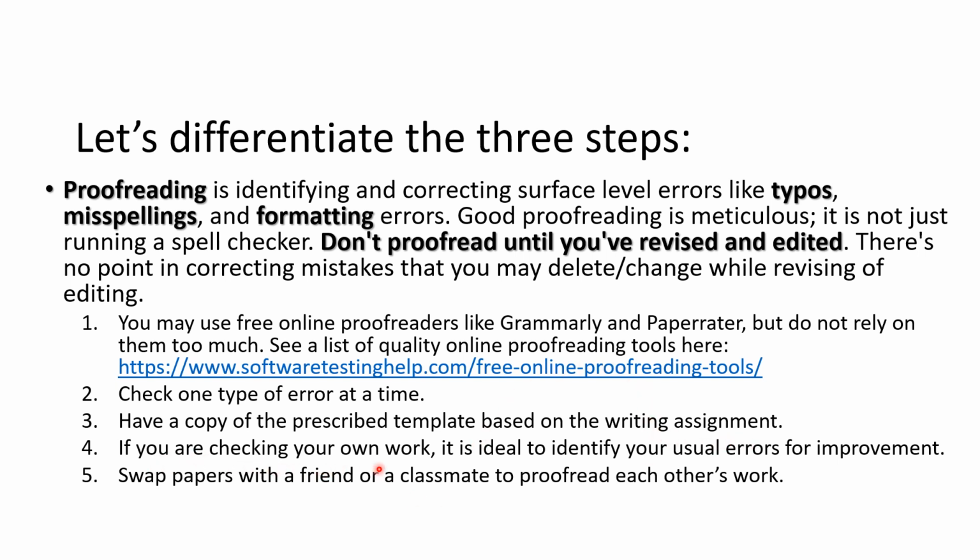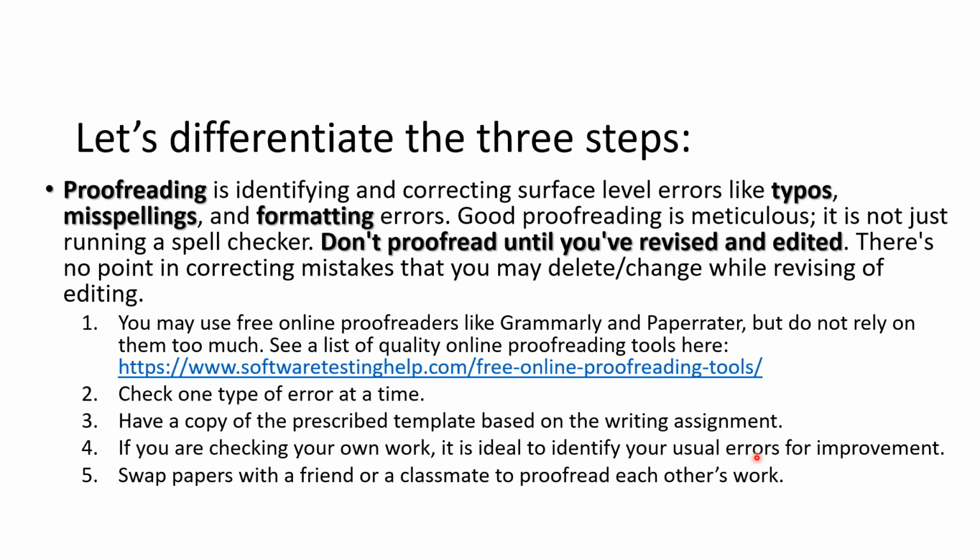Fourth, if you are checking your own work, it is ideal to take note of your recurring errors so that you will not be committing the same mistake again the next time you write. Okay, so this is one advantage of proofreading your own work. You will be able to notice the usual errors.